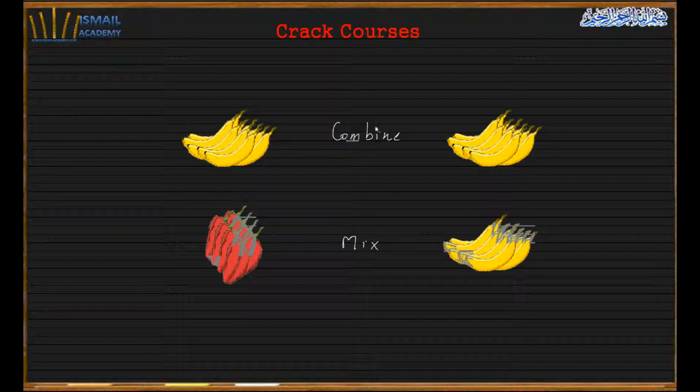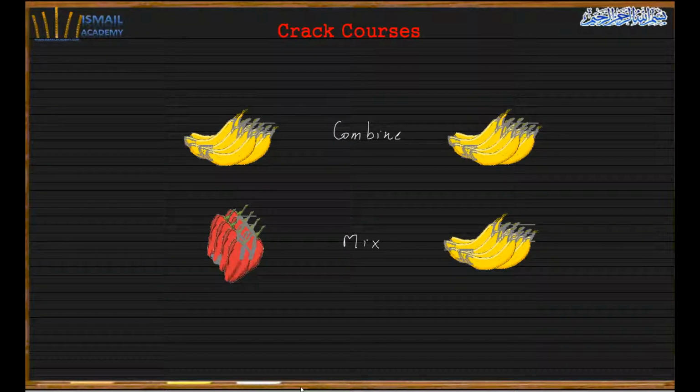We know combine and mix have the same meaning, getting items together. So why do we choose combine here, and why mix here? For the first set, we choose combine because the items are similar. We choose combine when the items are similar.